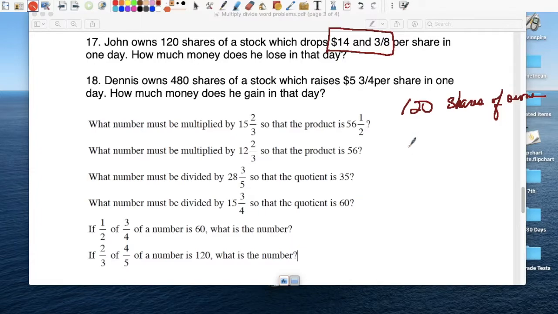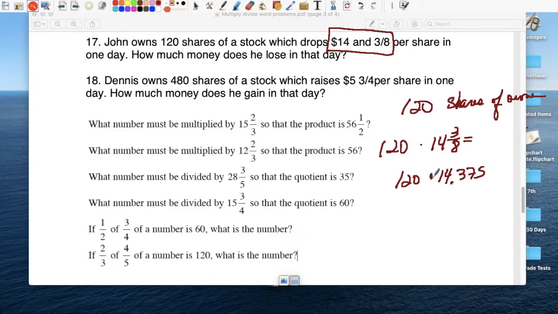But because he had 120 shares, we have to multiply 120 times 14 and 3/8 to find his total loss for that day. You can multiply as a fraction, or you can multiply as 14 and 3/8 if you like. You can change 3/8 to a decimal, which would be 14.375.